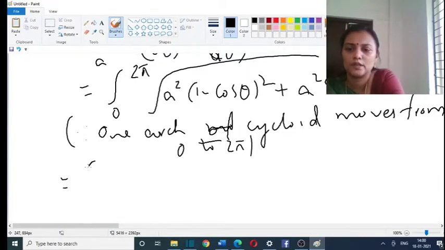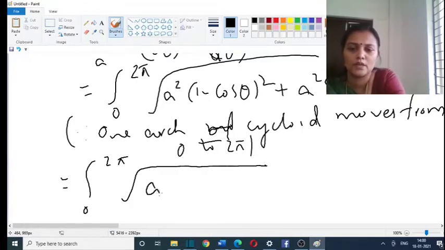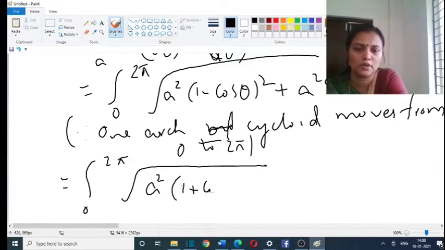Which is equal to the integral from 0 to 2 pi of the square root of a square into 1 minus cos theta all square, which is 1 plus cos square theta minus 2 cos theta.